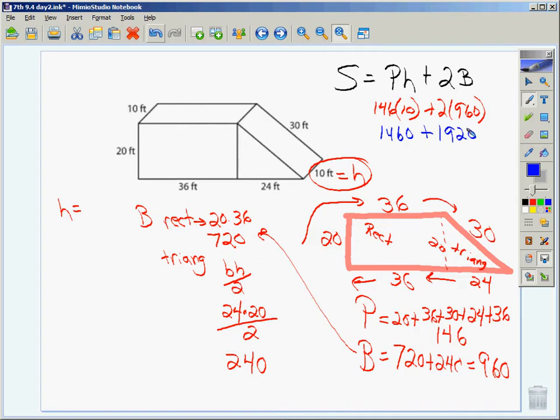And then add the two pieces together, which is going to be 3380. And it was in feet, so this would be feet what? Squared.